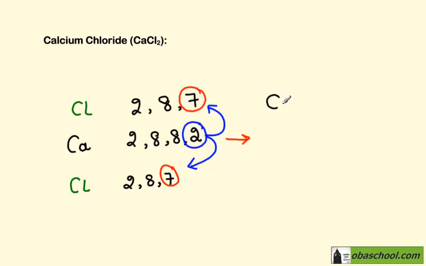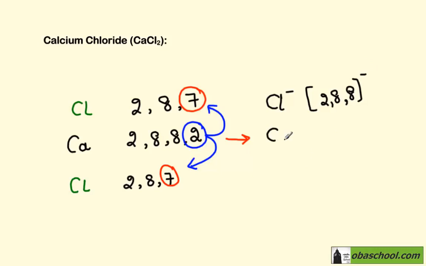So chlorine gained 1 electron, so it becomes Cl- with the following electron configuration: 2, 8, 8, and of course the negative charge to the upper right corner.